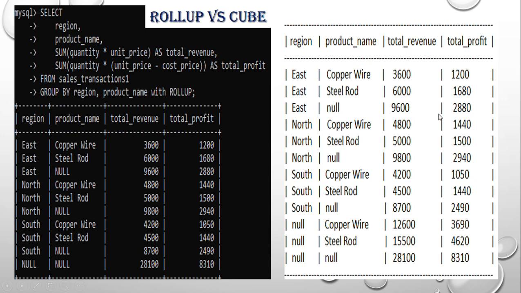But when I used the CUBE function, we get the same individual breakdown and the regional subtotals, but CUBE also gives subtotals for each product name for total revenue and total profit by combining all the regions, and then at the end the grand total.